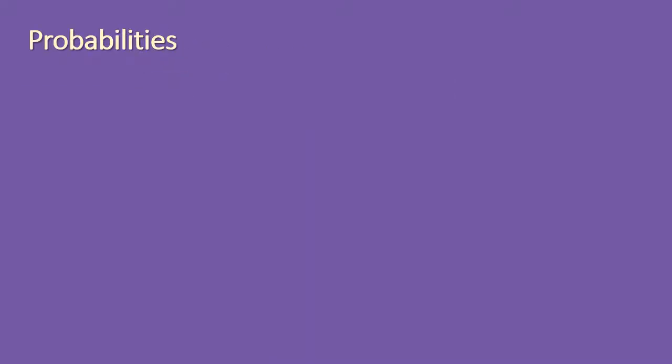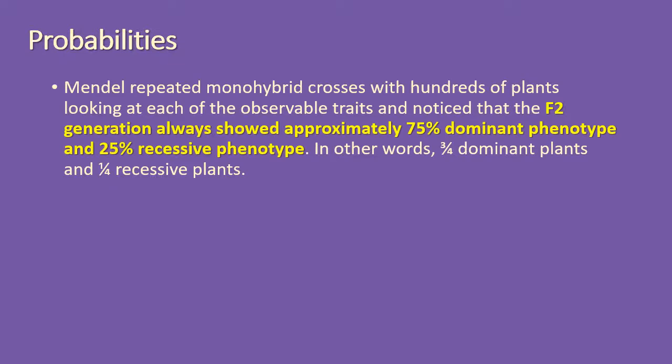Okay, so just a little talk about what we mean when we say probability. When he did these crosses, he noticed that every time he got the same results: you would always get about 75% of the dominant phenotype and 25% of the recessive phenotype in the progeny in the F2 generation. So meaning 3 out of every 4 plants had the dominant trait, and only 1 out of every 4 plants had the recessive trait.